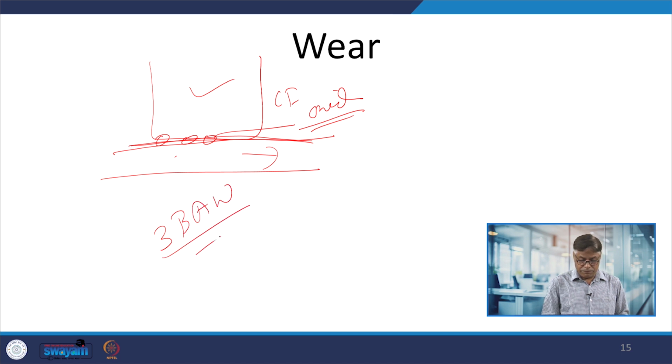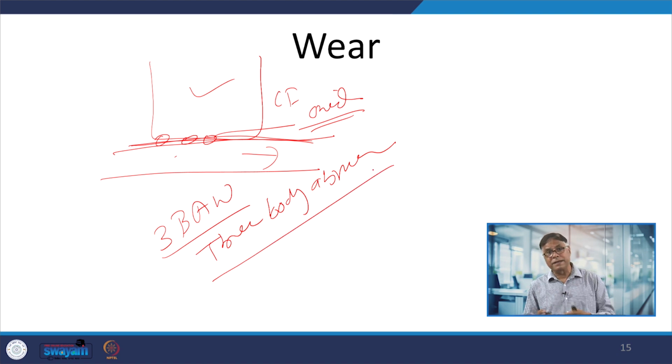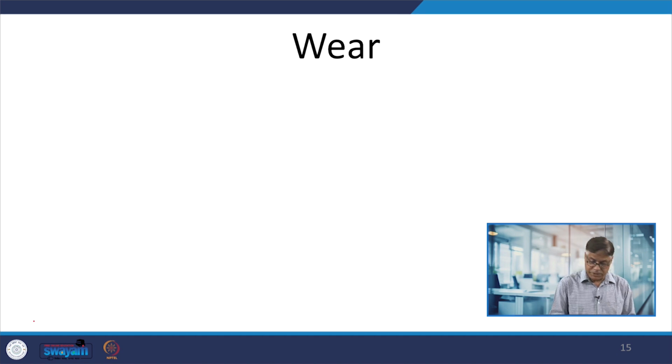Three body abrasive wear means an abrasive particle has come in between the guide and the moving bar, leading to abrasive marks on the surface. So, abrasion is another common cause of wear of this kind of guides. Adhesive wear and abrasive wear are the two things contributing.